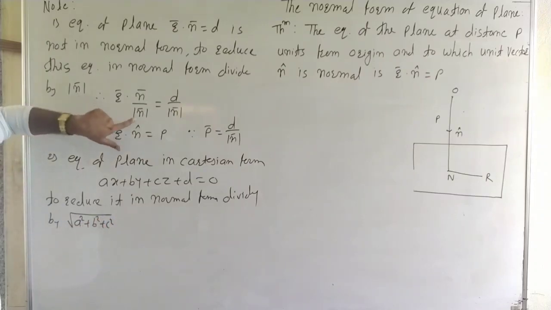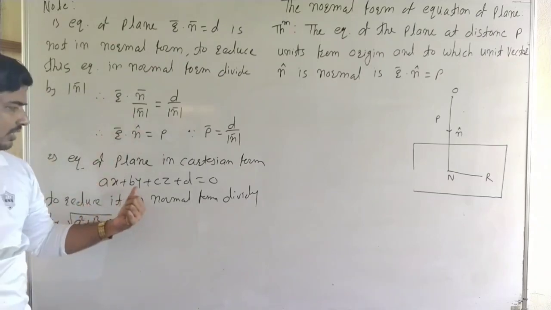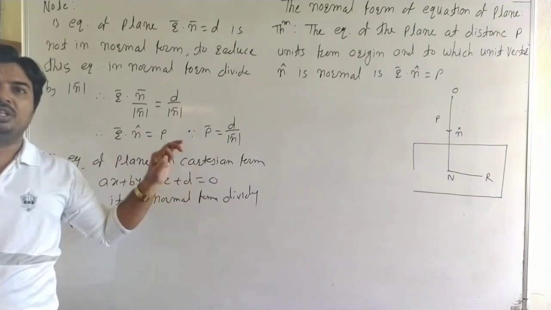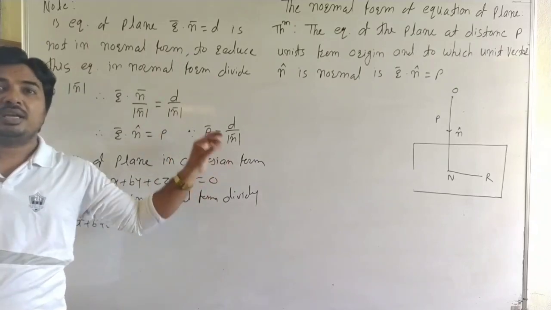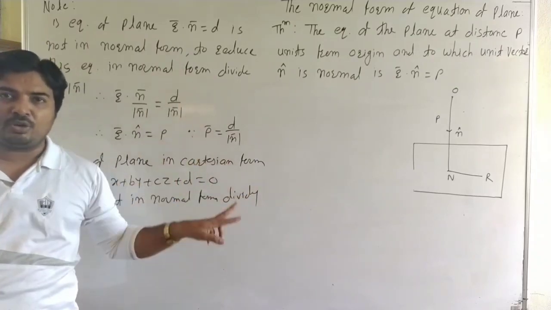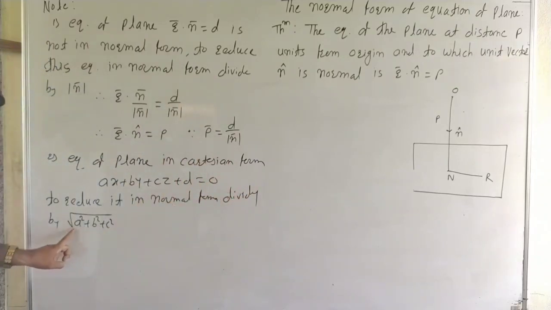That means we divide by the magnitude of n bar. Since a, b, c are the direction ratios of the normal, the normal is a i cap plus b j cap plus c k cap, and its magnitude is the square root of a square plus b square plus c square.